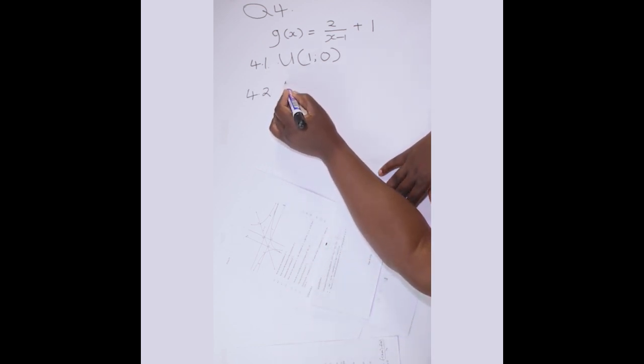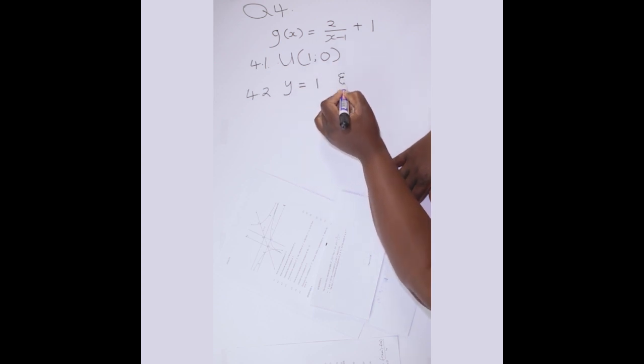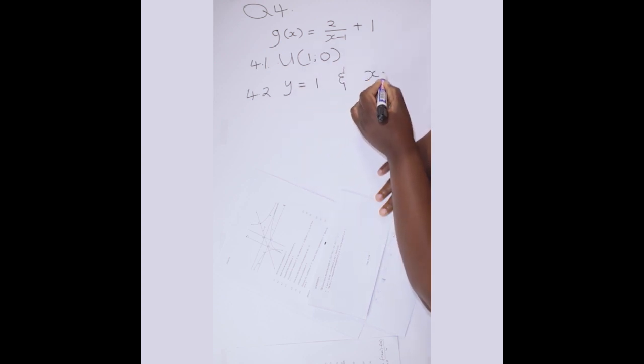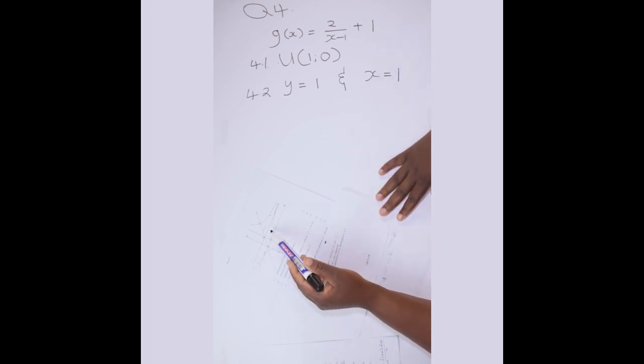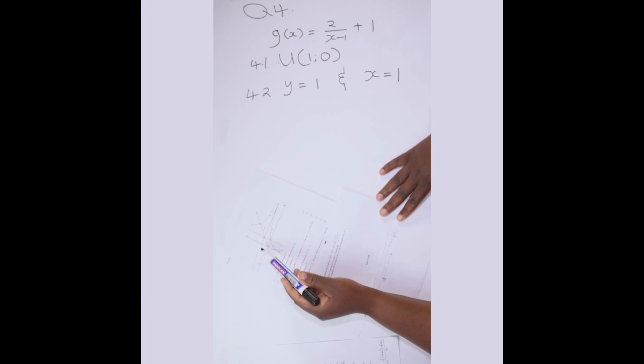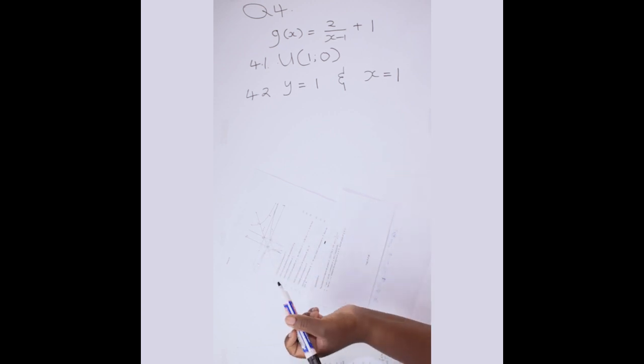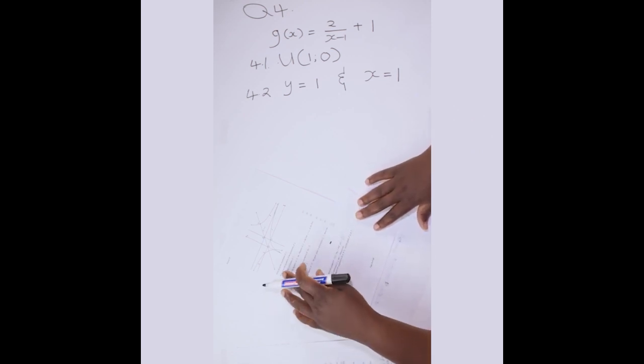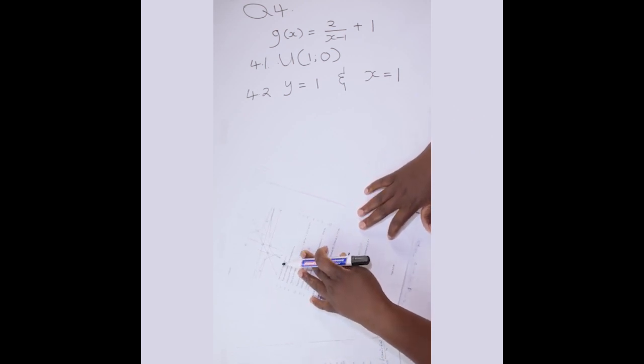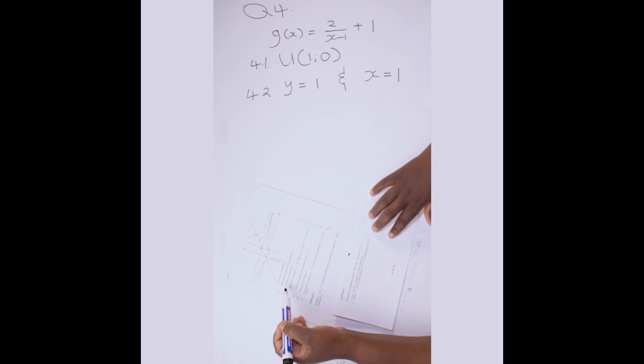Your asymptotes will be y equals 1, and the other one is x equals 1. The y equals 1 is your horizontal asymptote, and x equals 1 is your vertical asymptote. You have collected another 2 marks, so it is straightforward.